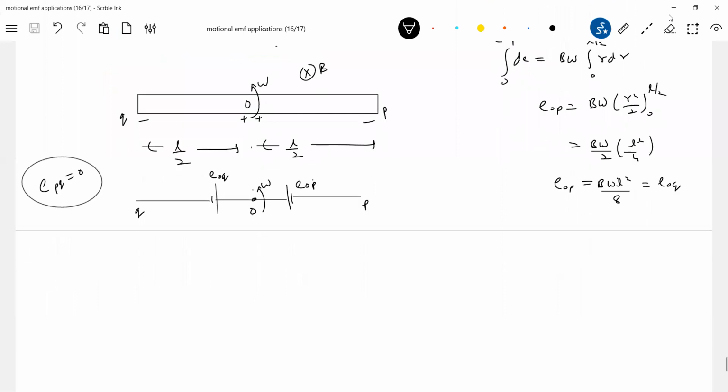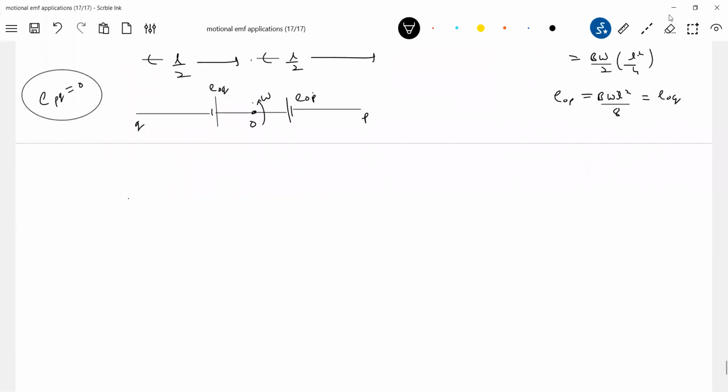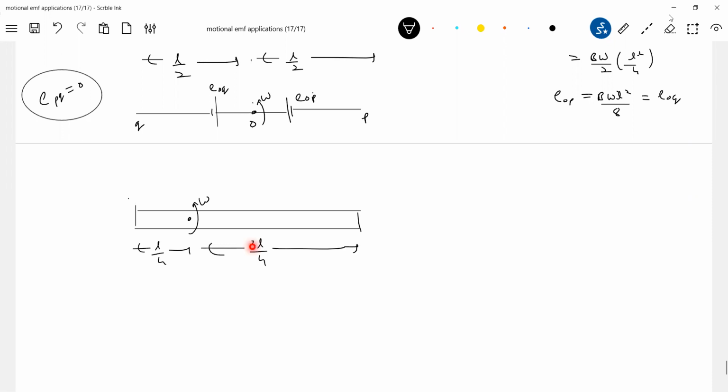Now instead of mounting the rod at the center, let me mount the rod at 1/4 of the end. Now B bar, let me take out of the plane. Everywhere B bar is out of the plane.